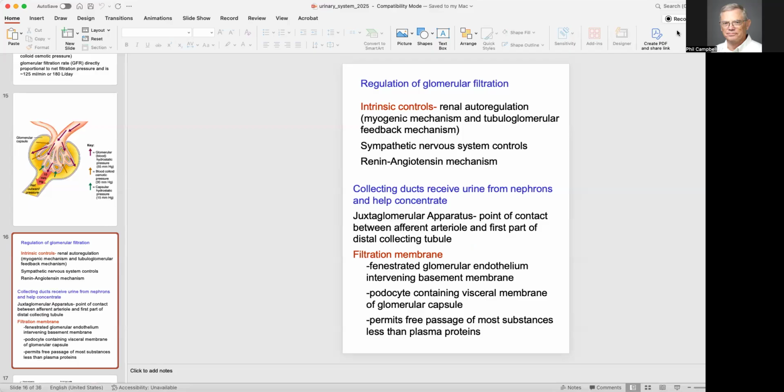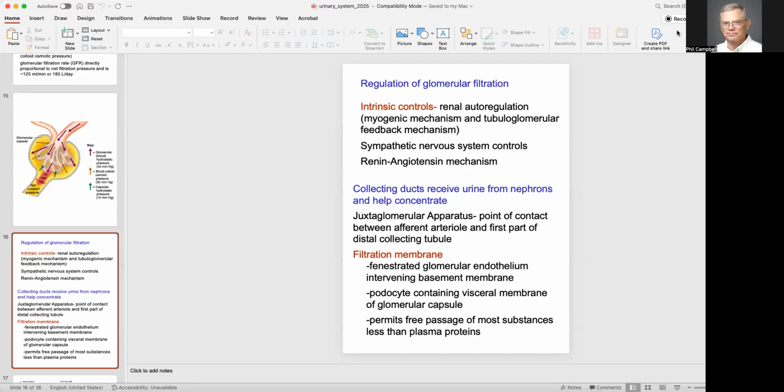Just like in a standard chemical engineering processing plant, you are measuring stuff all along the process, and that provides feedback. So the same thing here. The juxtaglomerular apparatus has groups of cells which are measuring the filtrate. They're measuring osmolarity, etc., and they provide feedback. We'll get to how that works momentarily, but I'm just expressing that's where it happens.